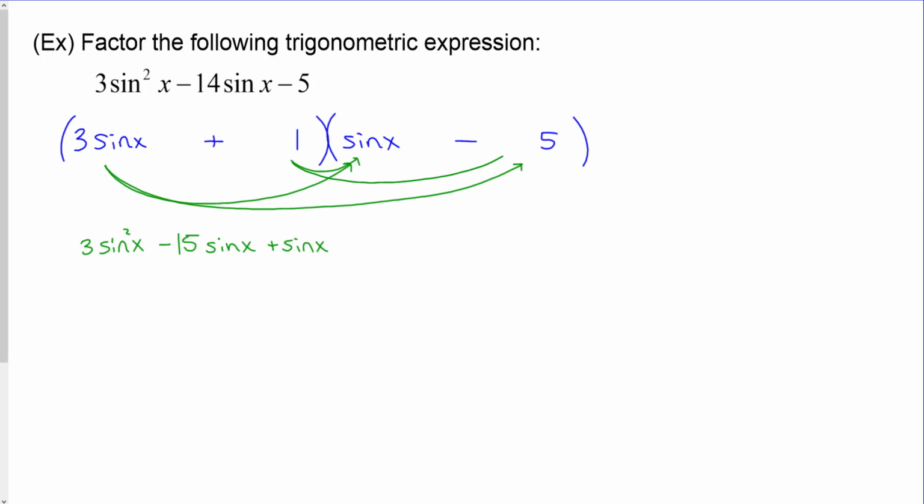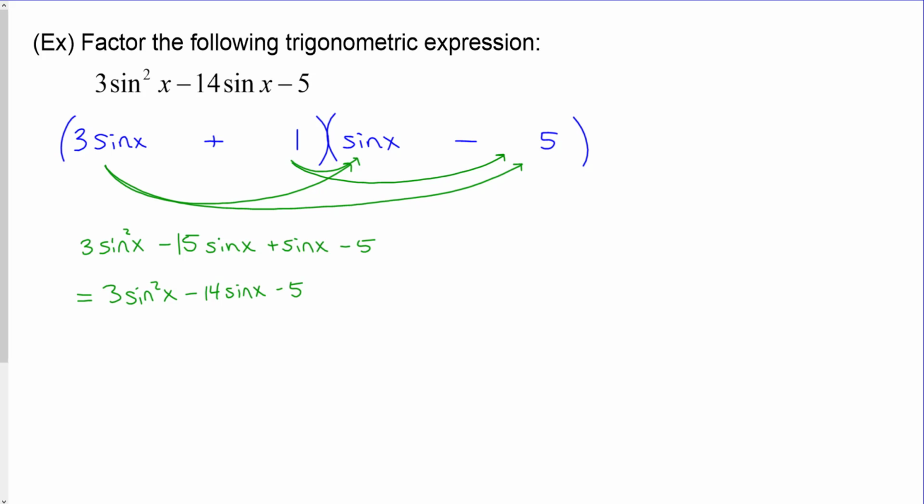And 1 times -5 is -5. So this is 3 sine squared x minus 14 sine x minus 5. So it works out just fine. And you can work the problems in that way.